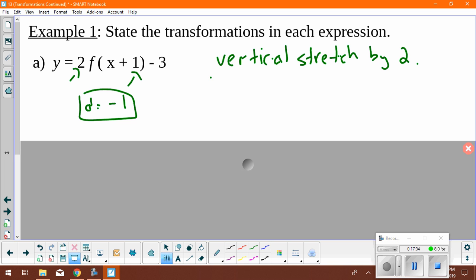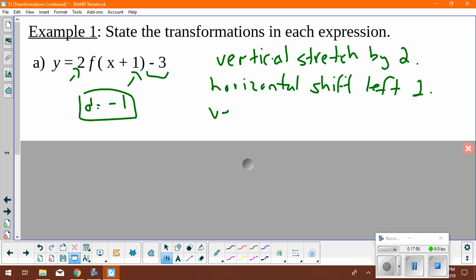So this means we have a horizontal shift to the left by 1. Our c value is -3.